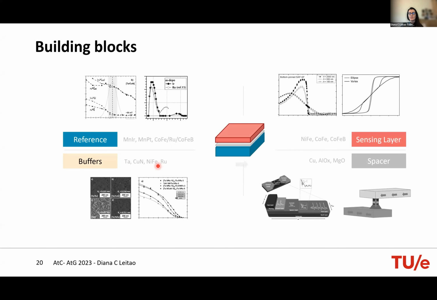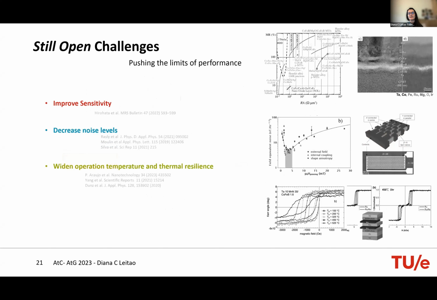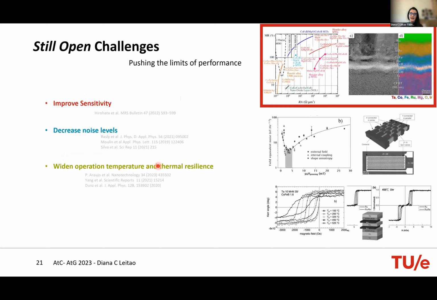So from these building blocks, we can discuss a bit what the open challenges are in terms of how to push further the limits of performance of these devices. And indeed, we are always looking for more sensitivity.